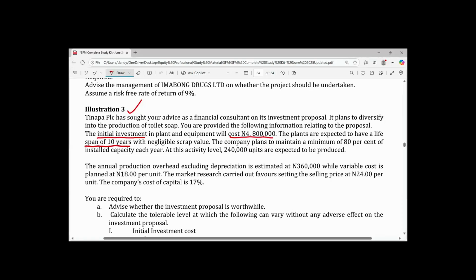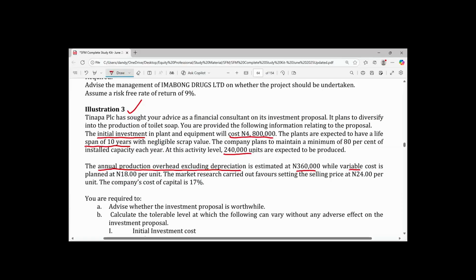The company plans to maintain a minimum of 80% of installed capacity each year. At this activity level, 240,000 units are expected to be produced. The annual production overhead, excluding depreciation, is estimated at 360,000 naira, while variable cost is planned at 18 naira per unit. The market research carried out favors setting the selling price at 24 naira per unit.